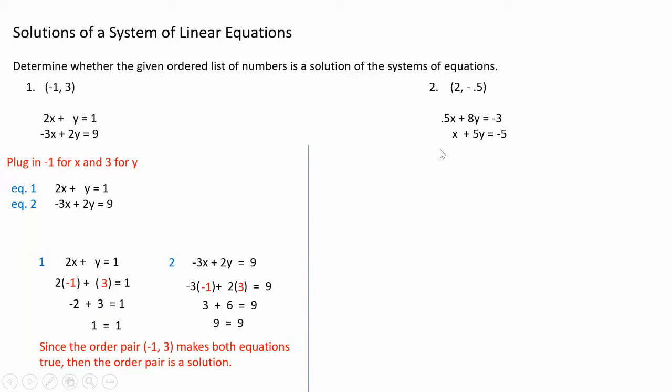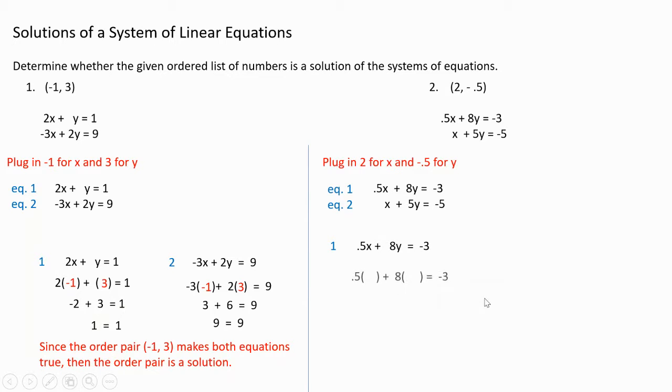Now we try the same thing for number 2. For number 2 now, we have the point 2, -0.5, and we have these two equations here. Equation 1, equation 2. So first, I'm going to plug in the point 2, -0.5 into equation number 1. Okay, so my x is going to be 2, and my y is -0.5.